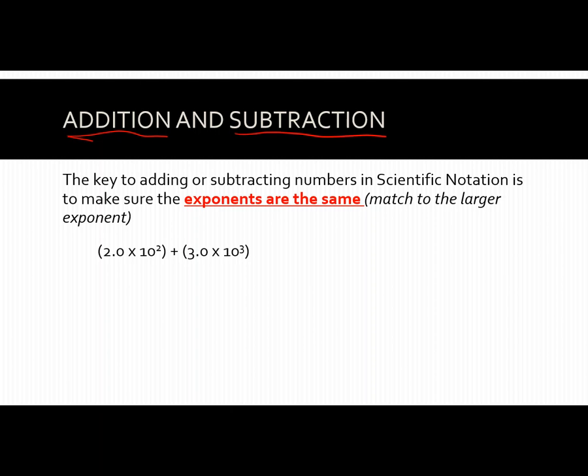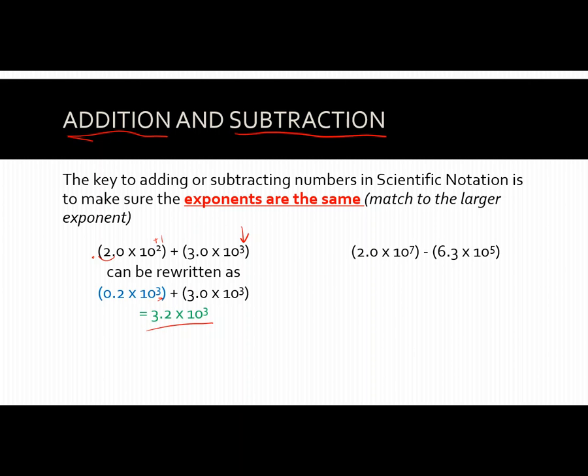But remember, you would want to match the larger exponent, or you have to convert one to the other in order to add them together. It's easier, I think, to match the larger one. In that case, this would be the 3 here. All I have to do is move this over 1 and add 1 to the exponent and make it a 3. Now that they have the same exponents, I can simply add the numbers together, and I get 3.2 times 10 to the 3rd.